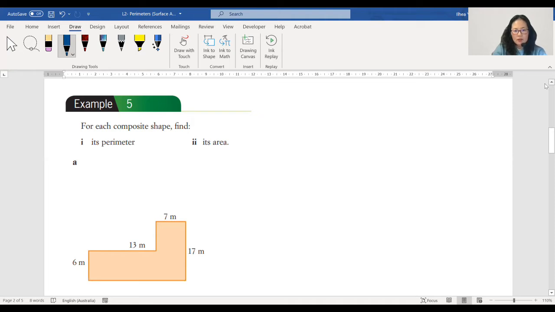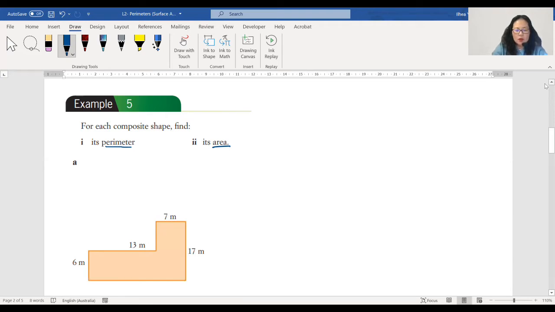Okay, you can make 2 or 3 different shapes out of that. Each one of them we have to find the perimeter and the area. So we have to answer 2 things for each question. So part A, this is the composite shape.